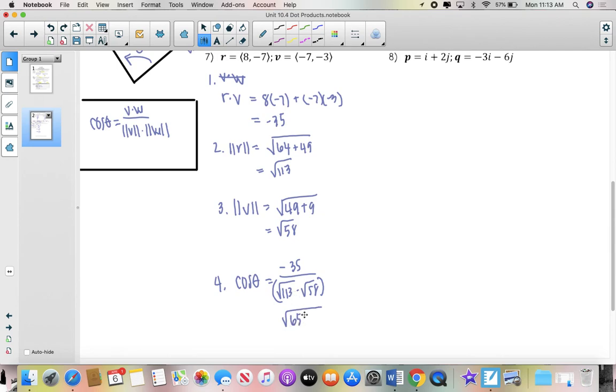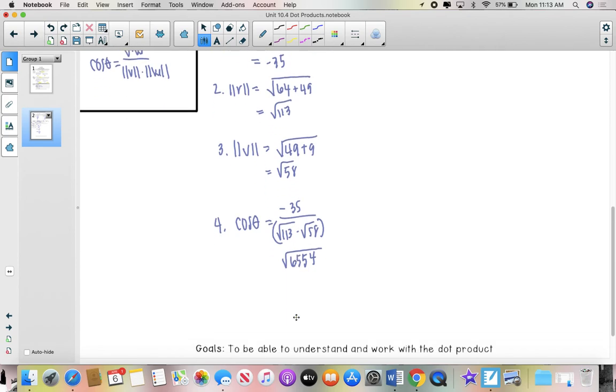So I'm just going to multiply. So these two multiplied together are 6,554. So you do inverse cosine of -35 divided by the square root of 6,554, and you get 115 degrees, or 115.615 degrees, okay?